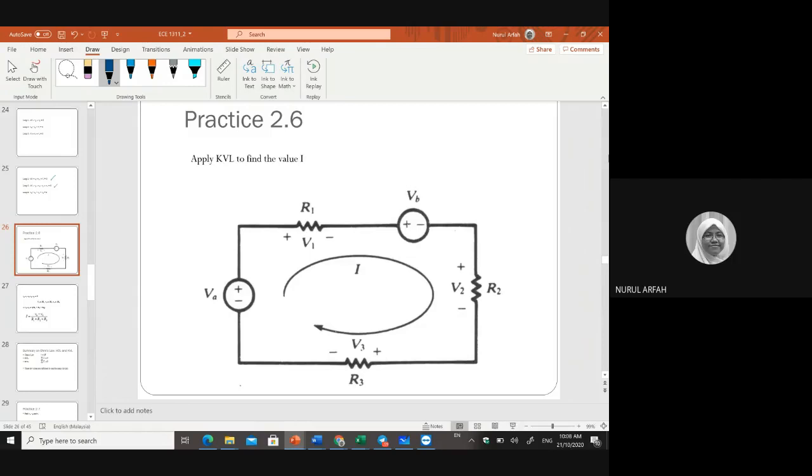So if you look here, you need to add all voltages around a closed loop or a closed path. So this is Kirchhoff voltage law. What about Kirchhoff current law?